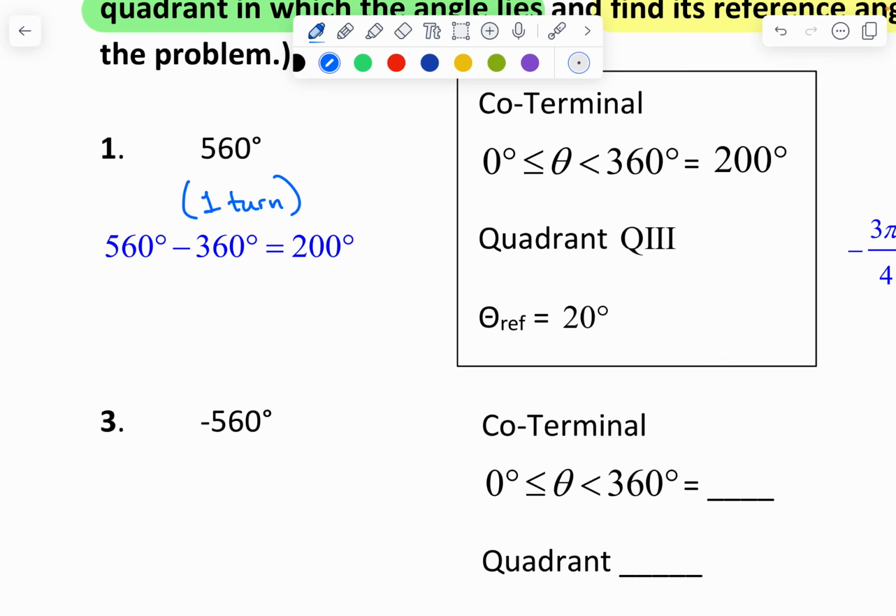And then you end up with a 200-degree angle, okay? 200-degree angle is coterminal to 560. It's in quadrant 3 because it's a little over 180. And when you're in quadrant 3, you find the reference by taking standard minus 180. And that's where you get your 20 from.